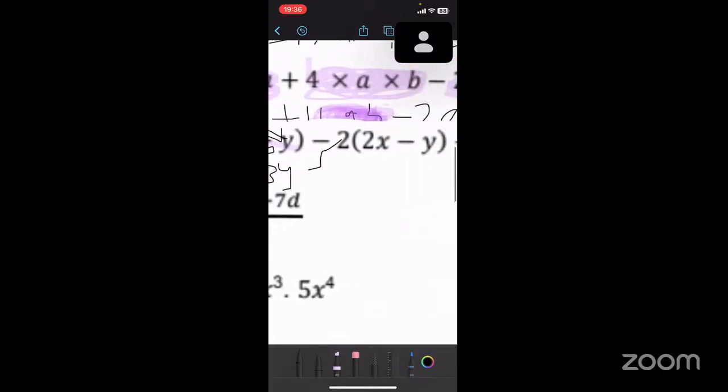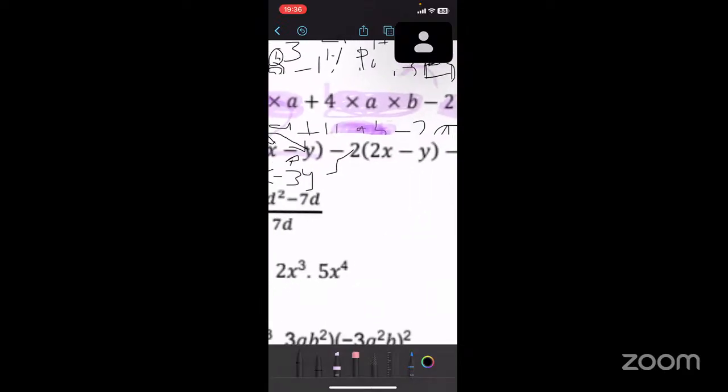Then we go to the next one. We have -2, so we take it with the sign that comes before it. -2 is going to multiply the 2x, and again it's going to multiply the minus y.